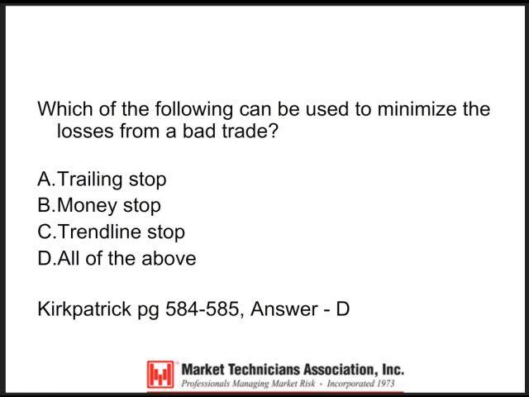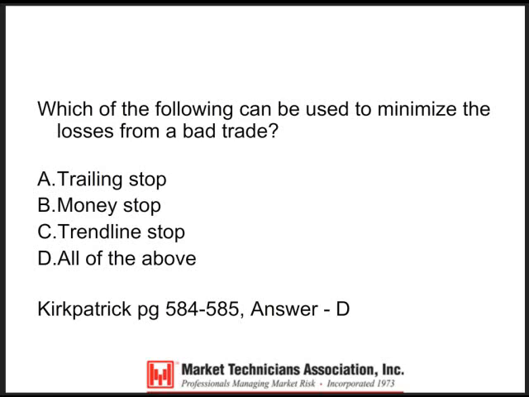With a trailing stop, say you buy a stock at 50 and want to keep losses to a minimum, so you put a $2.50 trailing stop. Your stop's at $47.50 initially, and only ratchets up from there.